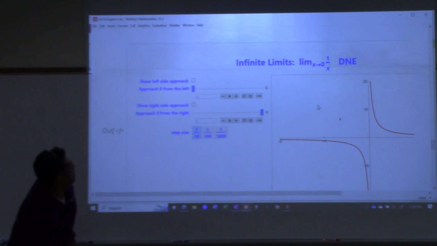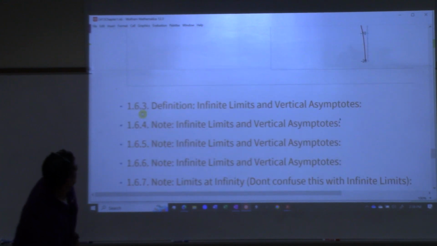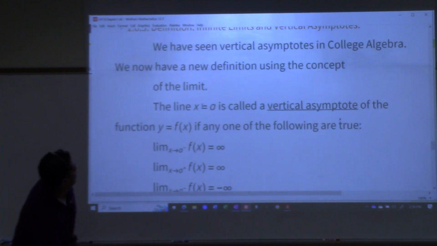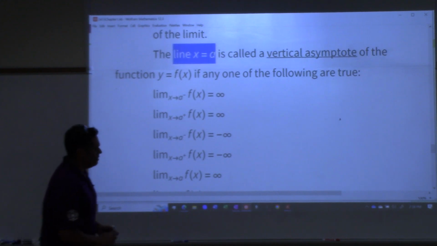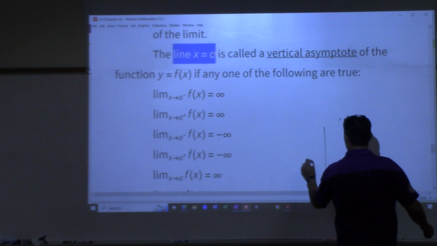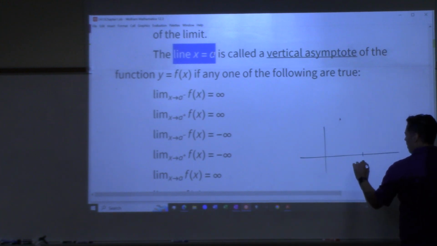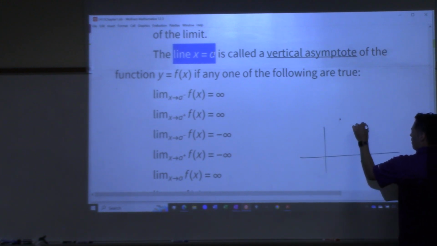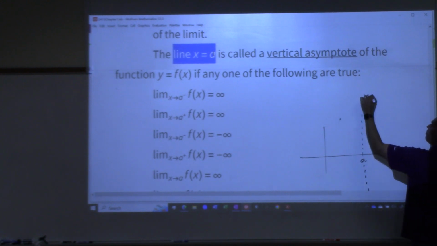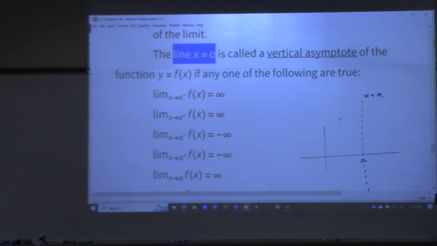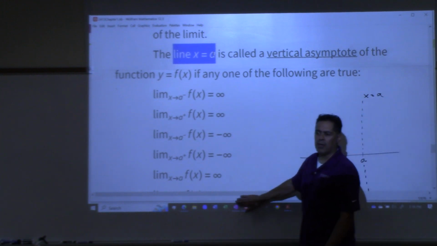We can say the following. The line x equals a. If you have a function and here at a this vertical dotted line, we will call this line x equals a a vertical asymptote of the function if any of the following are true.